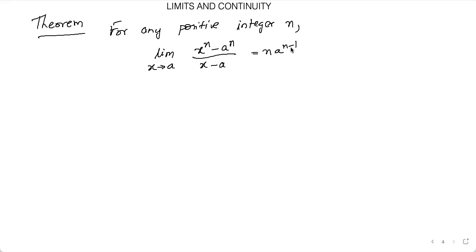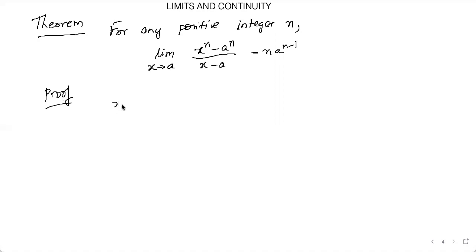So this theorem, or the expression here which we have, is true even if n is any rational number and a is positive. Okay, so let us prove it. Proof for this.